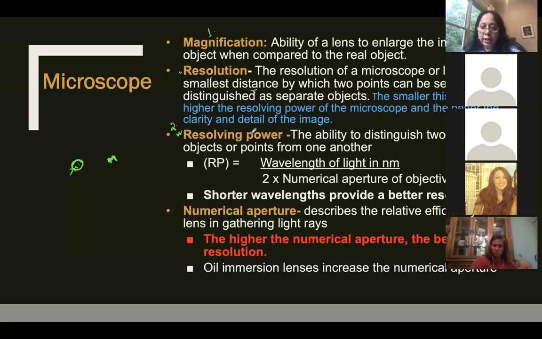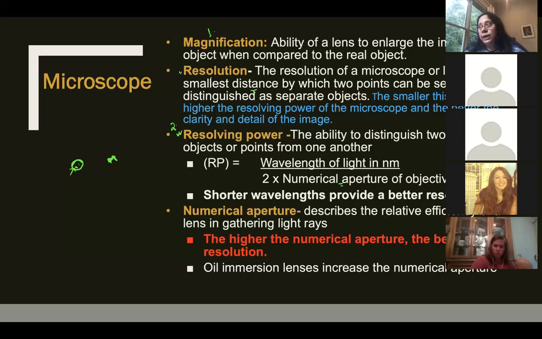How do we measure the resolving power? It is the wavelength of the light divided by 2 times the numerical aperture of the lens. Numerical aperture is a characteristic feature of the objective lens. It describes the relative efficiency of a lens in gathering light rays.